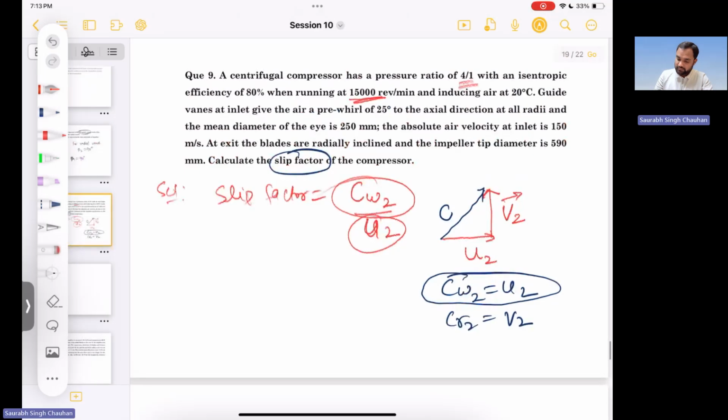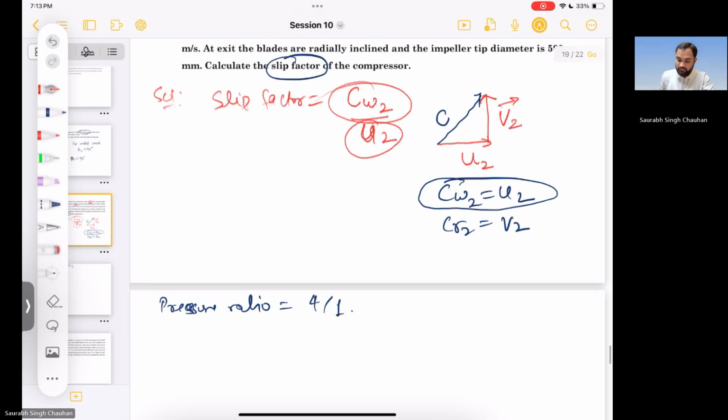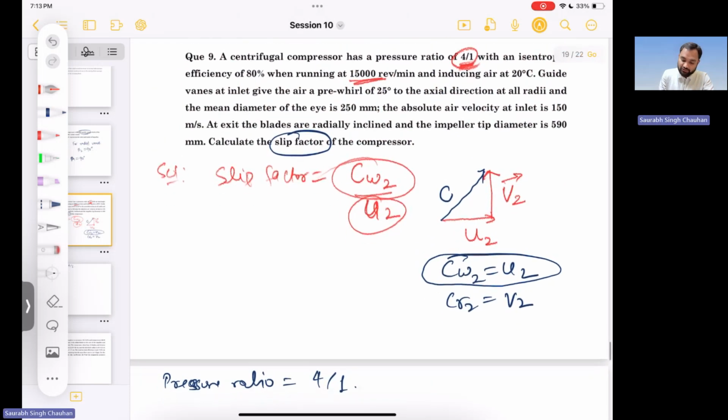Pressure ratio is given. Okay, so the pressure ratio is given, 4:1, and the isentropic efficiency is also given.